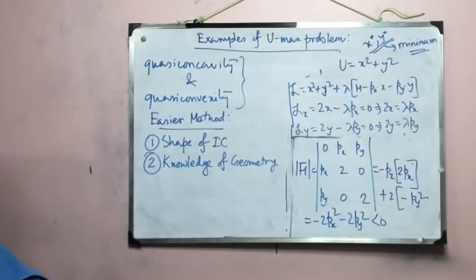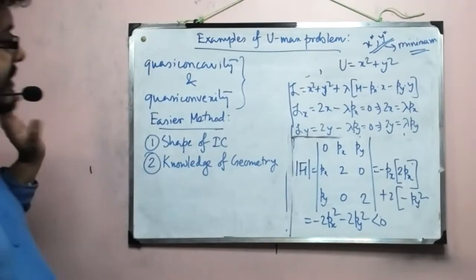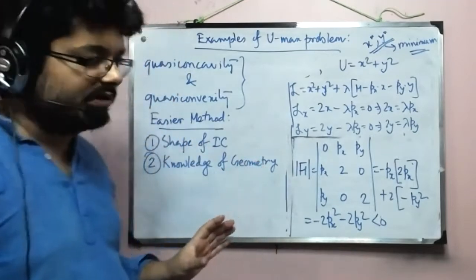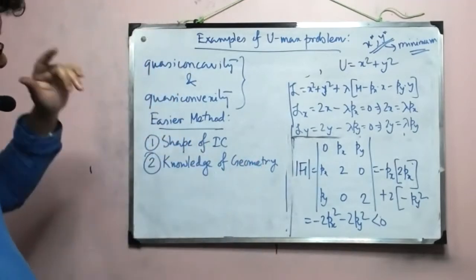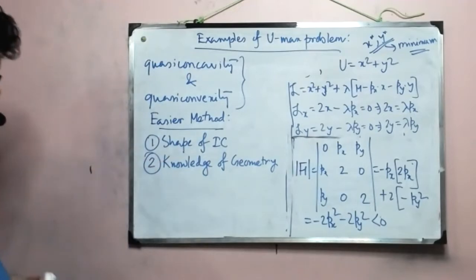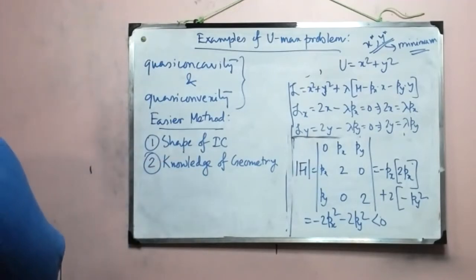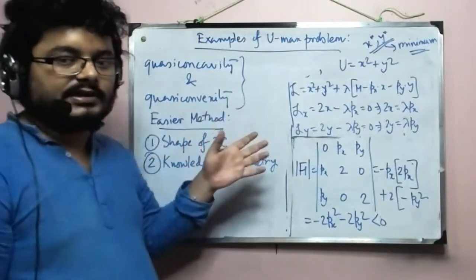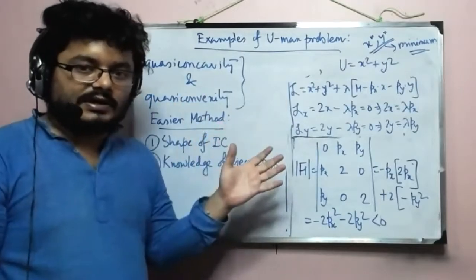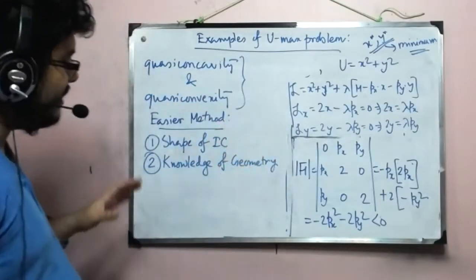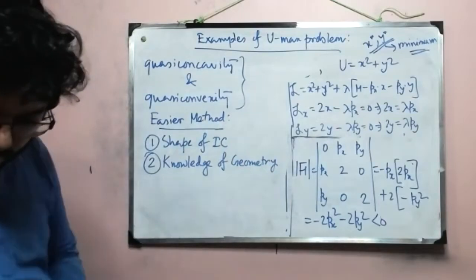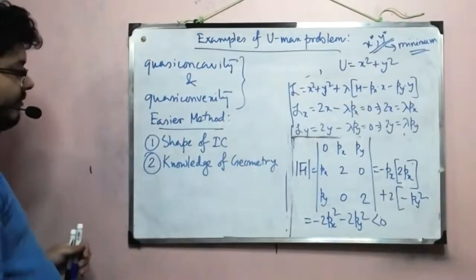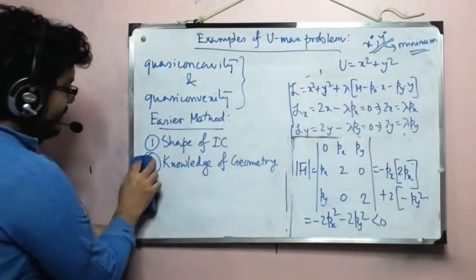So how does that work? Let us take separately these two utility functions, that is u equal to xy, for which our method works, and u equal to x square plus y square, for which the Lagrangian method does not work, and see how you can recognize. Okay. So we'll come to knowledge of geometry later.